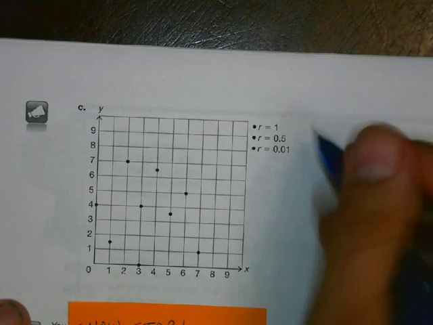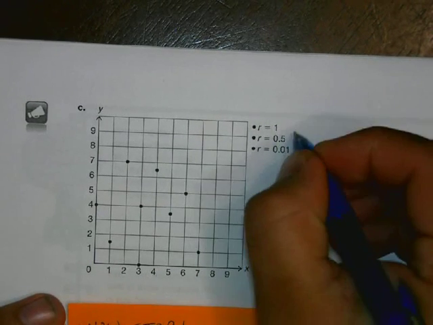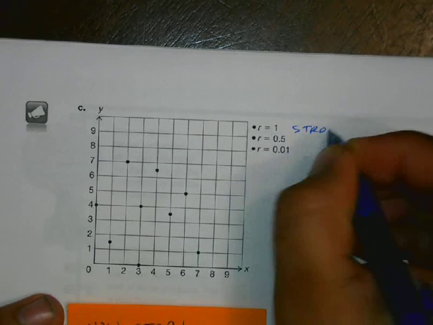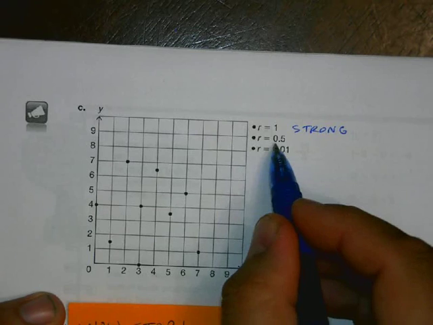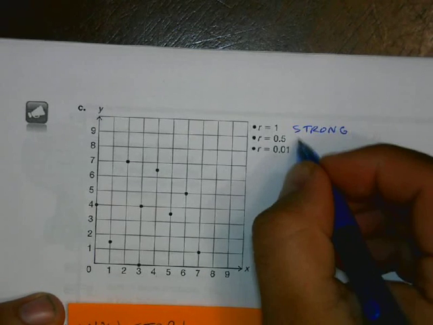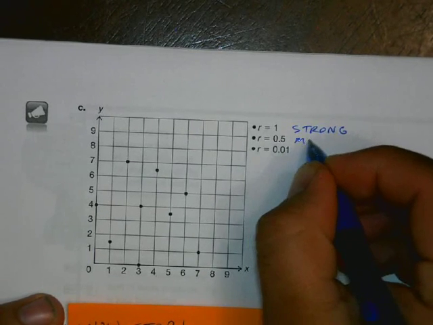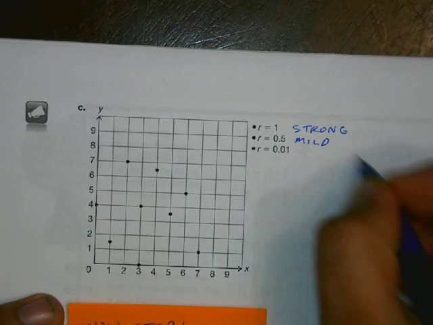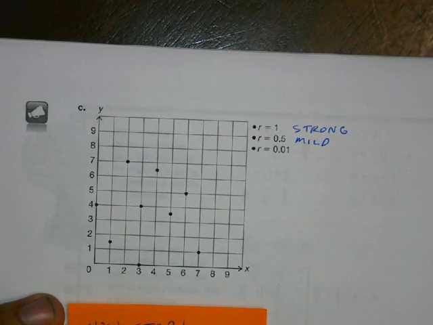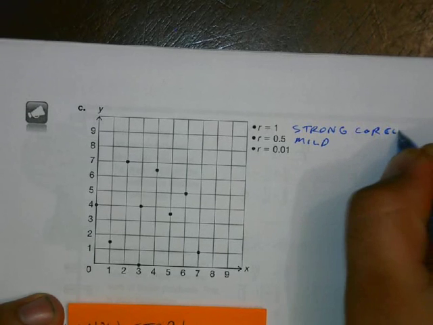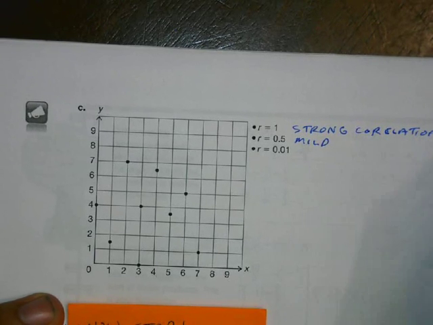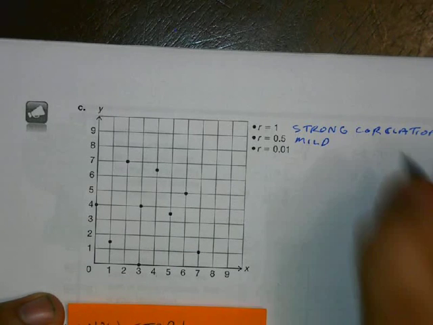Oh, I forgot an R there. And then right here, this one, that's close to 0 if we were to round this. So this one here would be a weak correlation. So those are our 3 options.